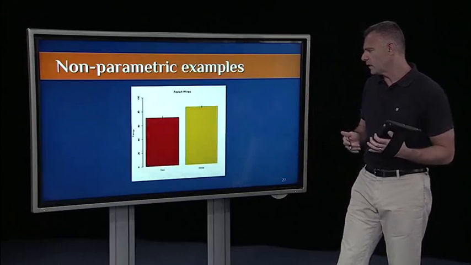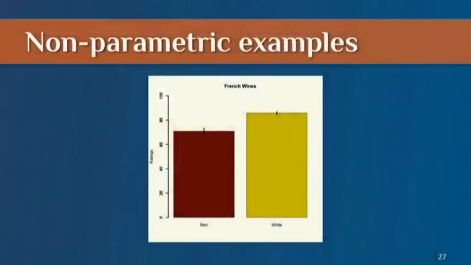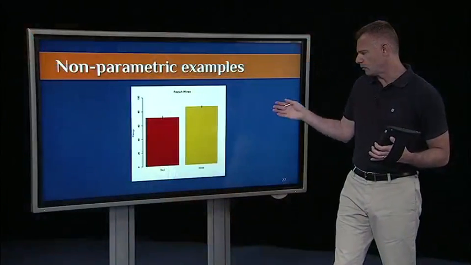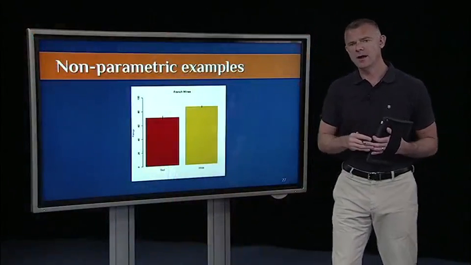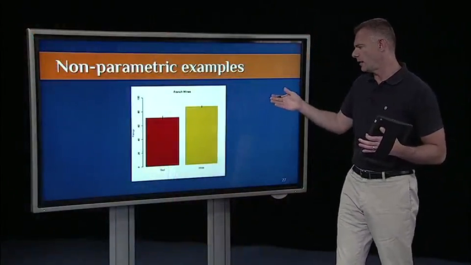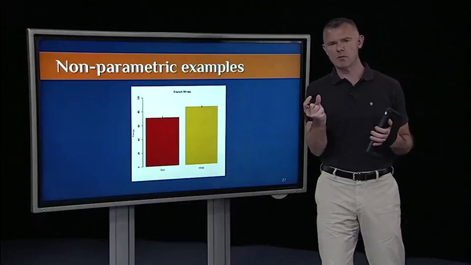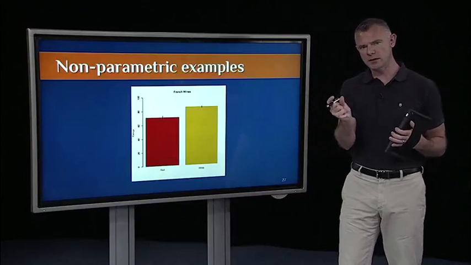The example I'm using here comes from the old example we used earlier in the course on wine ratings. Remember, we had wine experts rate wines, 2 wines from each country. So there was a red and a white from France, and the same wine expert rated both the red and the white. So we have the same wine experts giving 2 ratings here.